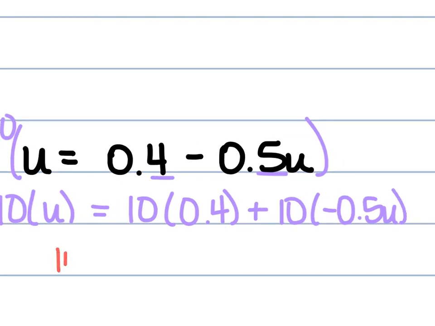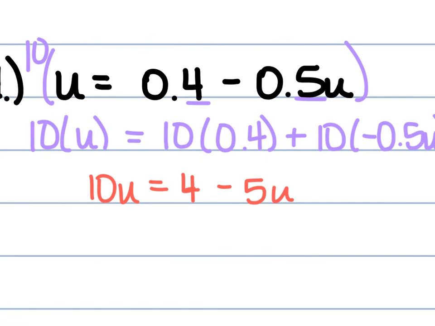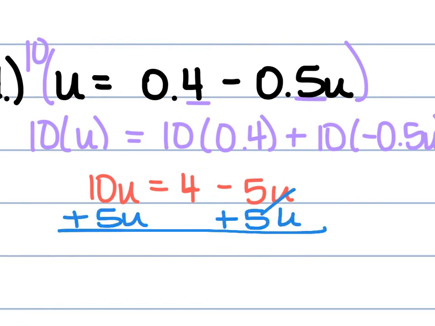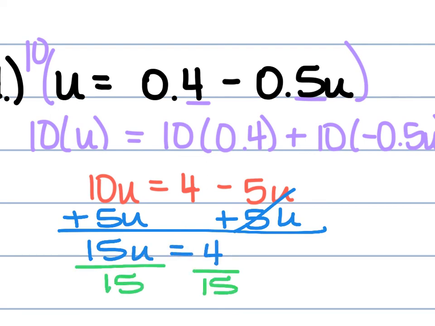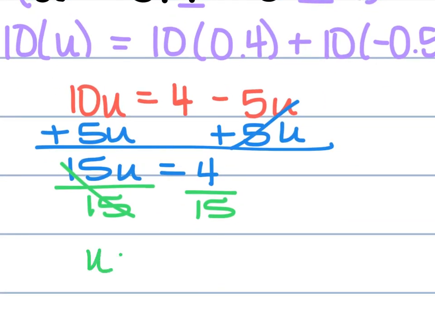So this is going to give us 10u is equal to 4 minus 5u. So we're going to move the 5u over by adding it to both sides. We have 15u is equal to 4. Then we divide each side by 15 and get u is equal to 4 over 15.